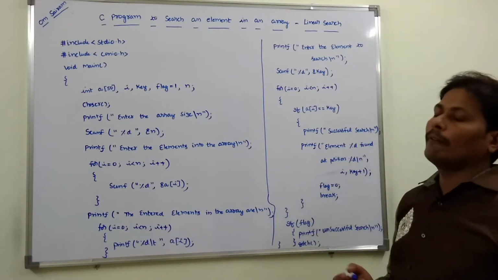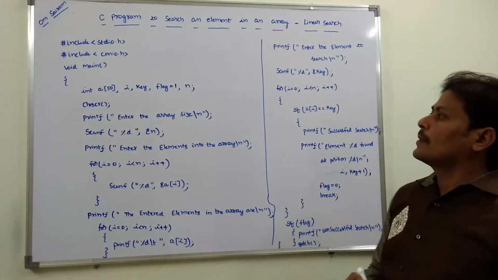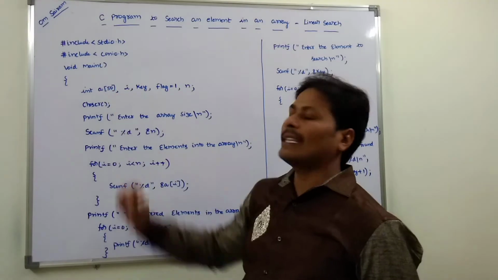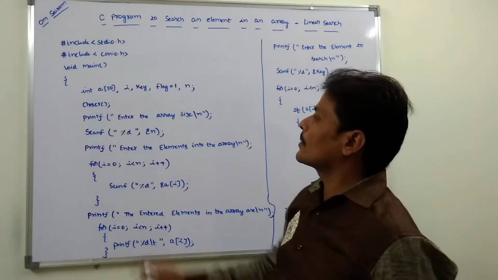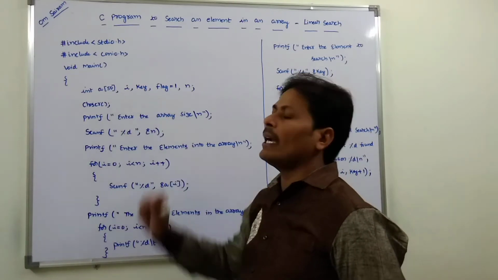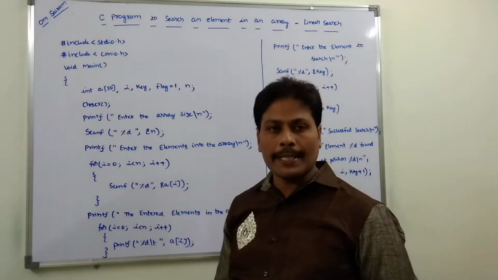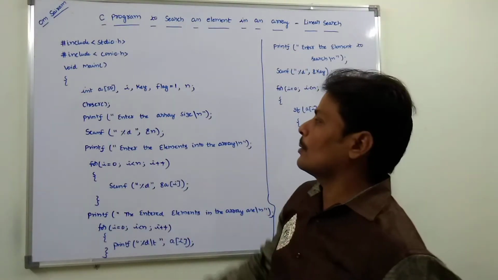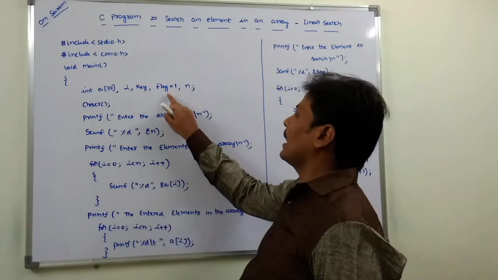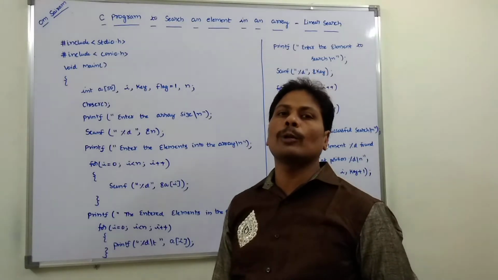So this is our program. Here we have to take an array with size 50. I is the loop variable. Whatever element we want to search from the given array, that element is denoted as key. Initially flag is equal to 1.